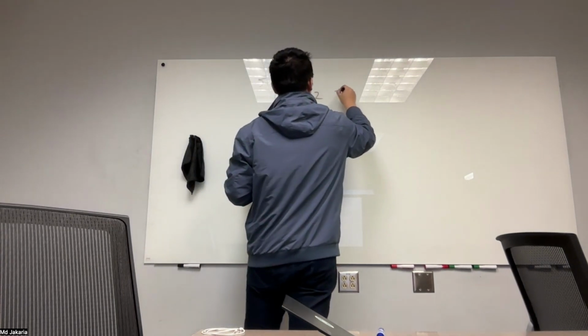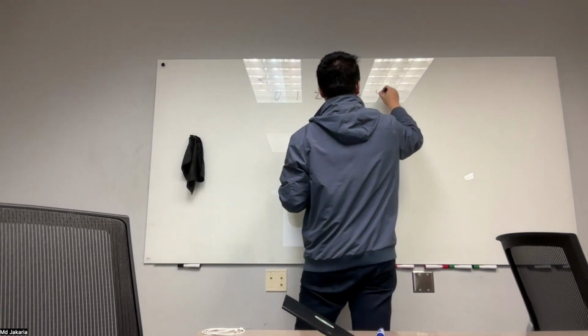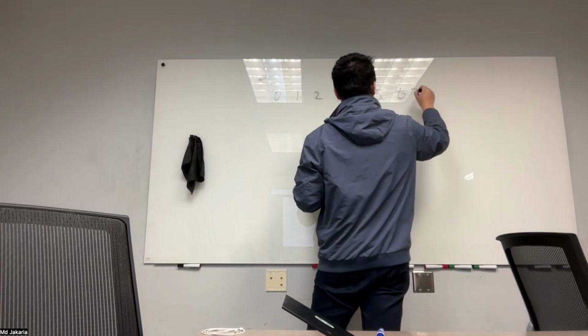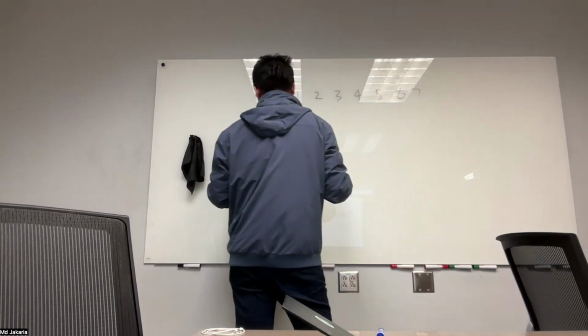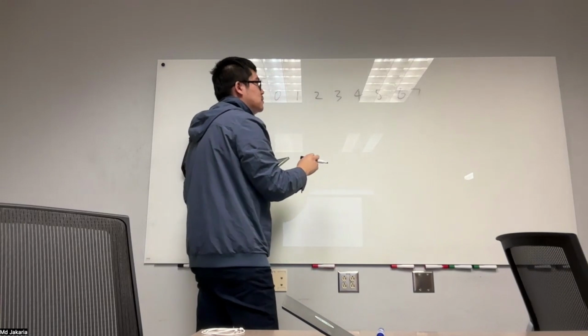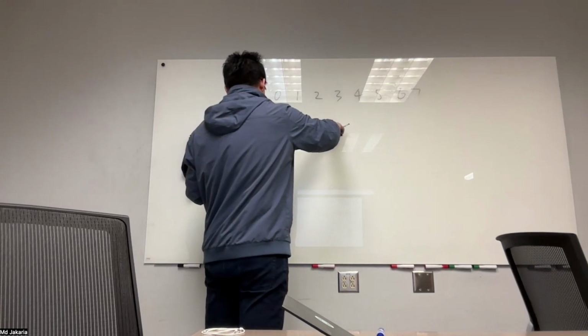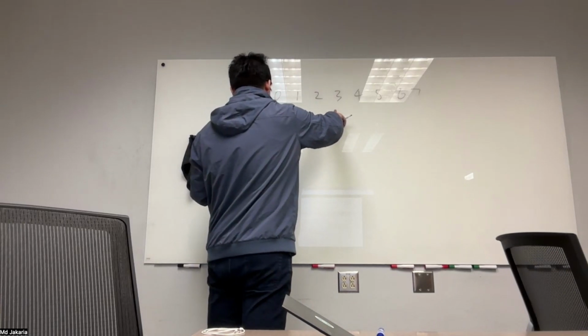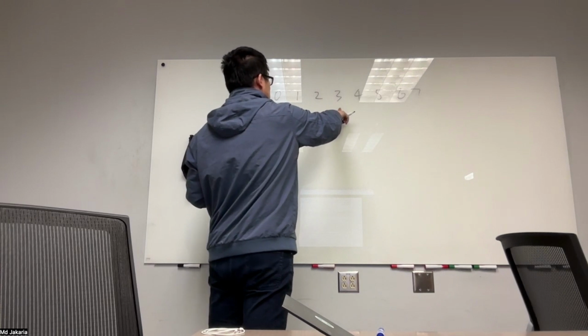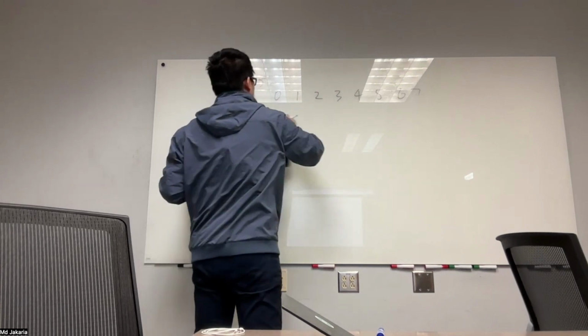So we can do something like this. Just an example, right? Suppose this is the list of numbers, and then say one of them is missing.